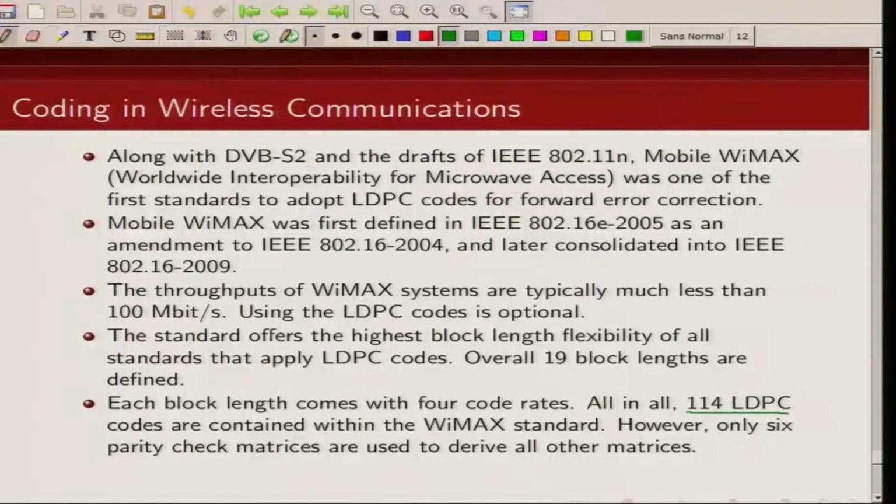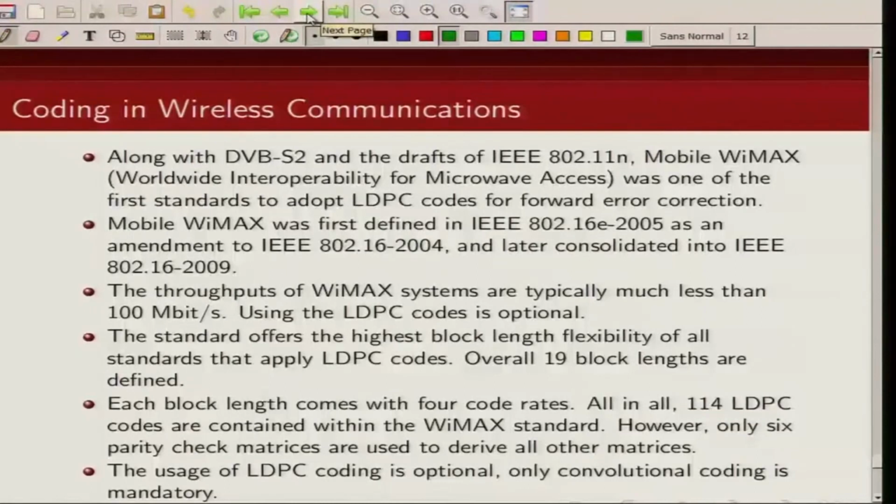A total of 114 LDPC codes have been defined in this WiMAX standard. And as I said, here also the use of LDPC codes is optional. The mandatory requirement is convolutional code.